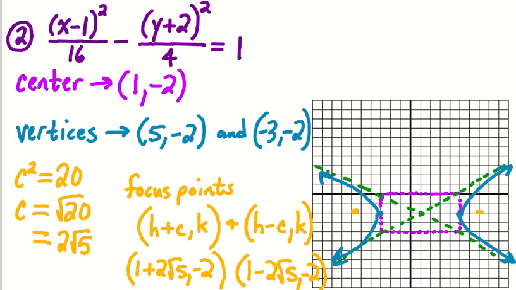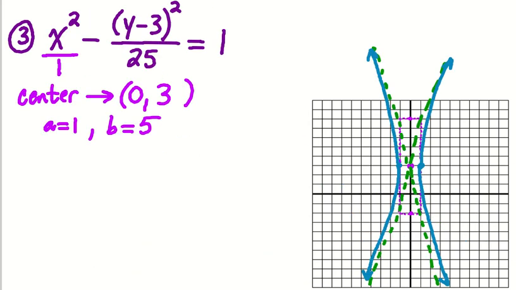So we're doing the focus points. So okay, the vertices. Again, the vertices in this case would technically be, because it's opening left and right, h plus or minus a. So the good news is it's 0. And again, the graph helps. Like you could just literally say, what are those coordinates?